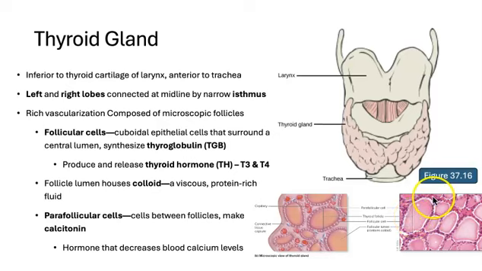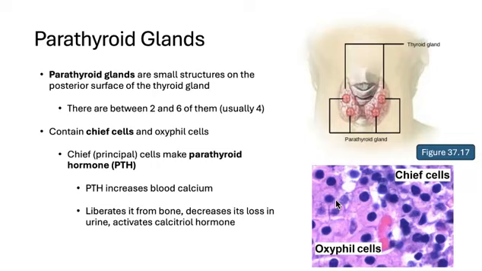Surrounding this area, kind of in between these follicular cells, we're going to have parafollicular cells, and these parafollicular cells are going to make that calcitonin. Remember, we talked about that. It is going to help decrease blood calcium levels, and it works in conjunction with the hormone that our parathyroid glands secrete, which is our parathyroid hormone.